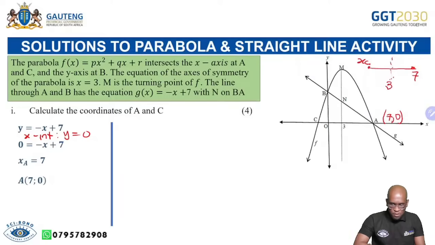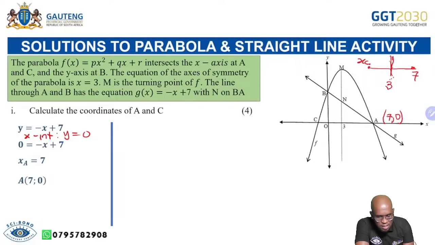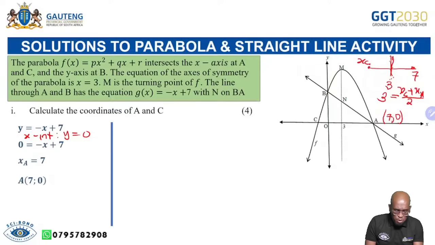That is the axis of symmetry. So if we know that the axis of symmetry is in the middle, then one can use the fact that (x at C plus x at A) divided by 2 equals 3. One can use the midpoint formula, all right, that we well know from coordinate or analytical geometry, all right?